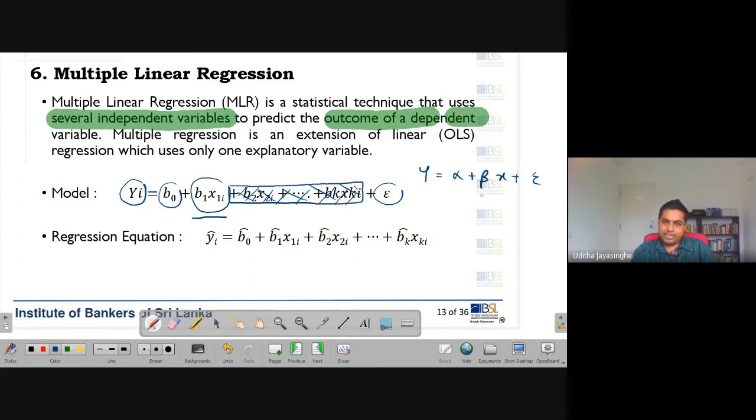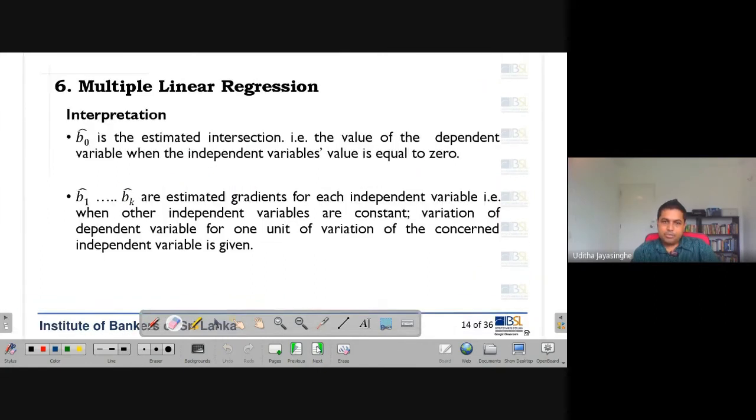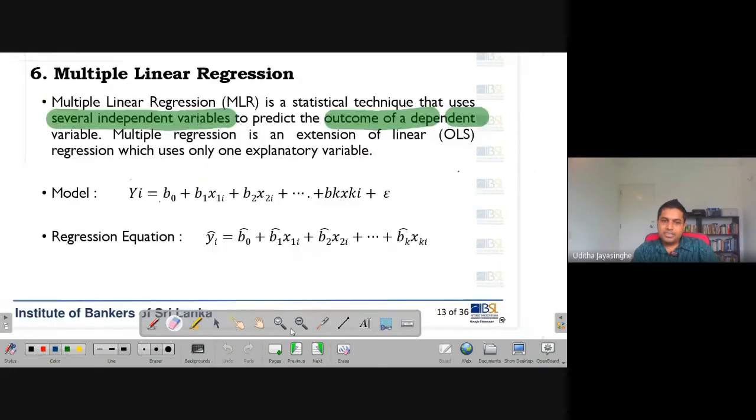So instead of beta and putting in more like beta, gamma, theta, likewise more Greek letters, for simplicity's sake we are putting in 1, 2, 3 kind of variables. So b1 x1, b2 x2, b3 x3, likewise, we are bringing multiple variables into the model. Now, the typical question that will come to mind is how to calculate these b1s and b2s, because it's going to be very difficult.